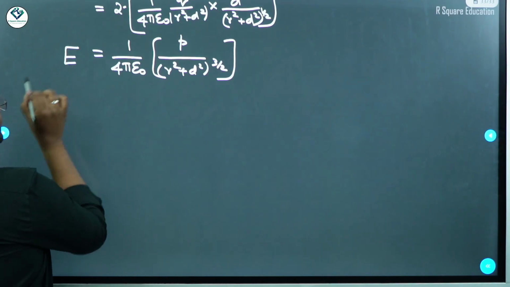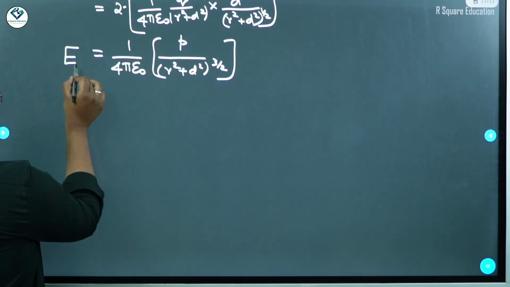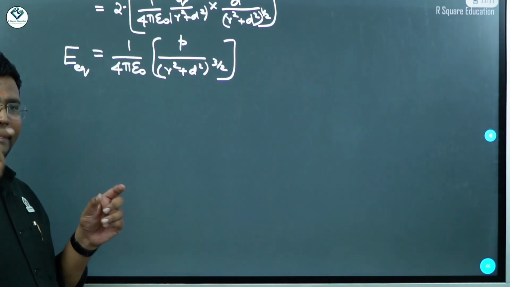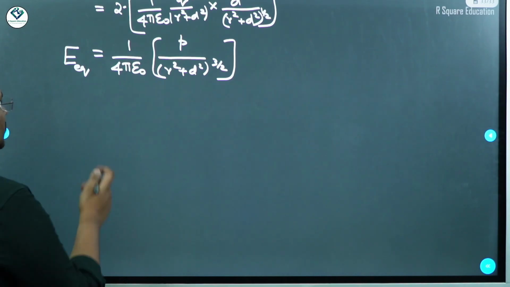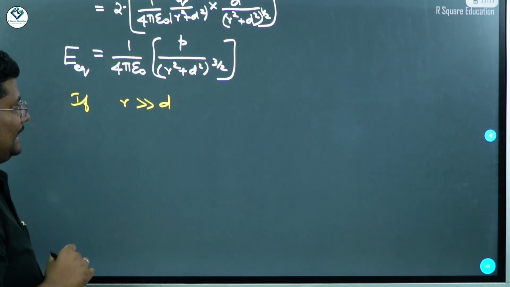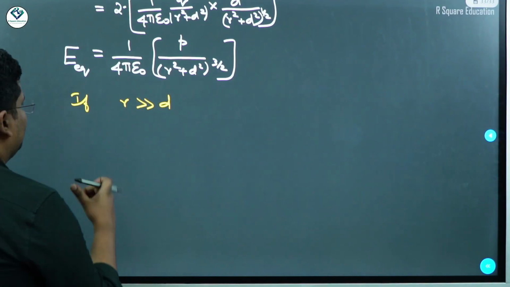So this is going to be the electric field due to an equatorial point for a dipole moment. Okay. Again, what will we do usually? We will take the distance as very much greater than that of the dipole distance. So if R is very much greater than D, I can neglect D. So what will be the equation now?